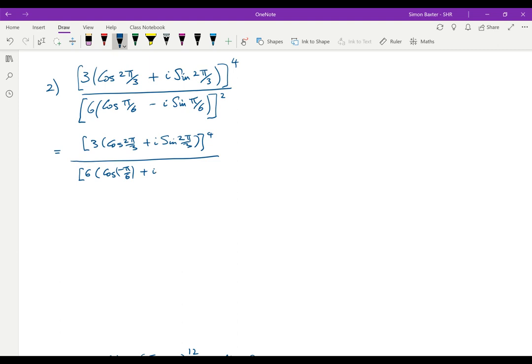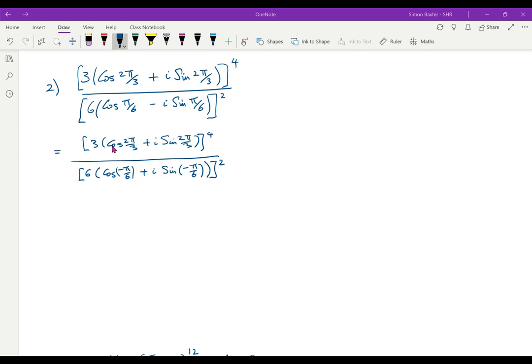And sine of minus pi by 6 is minus sine pi by 6. So that means now that I have written the denominator in modulus argument form. De Moivre likes us to have everything in modulus argument form.